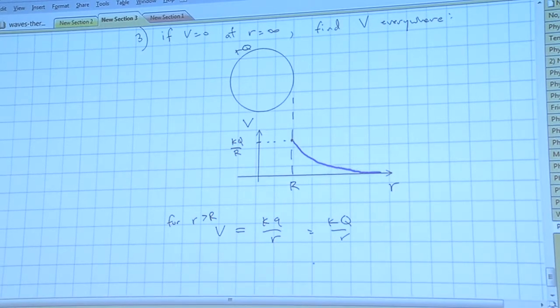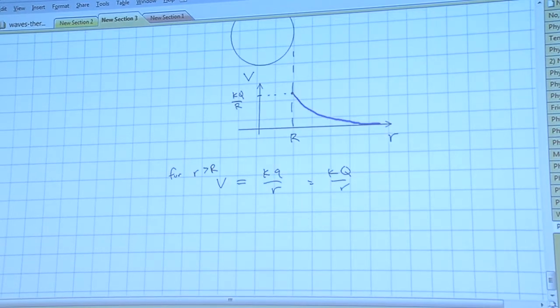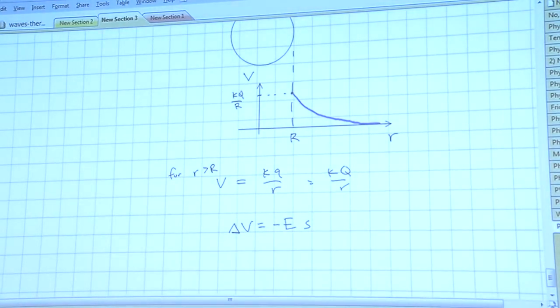And what is it inside? We said it's constant, not 0. V is not 0. V is constant. Delta V has to be 0, because remember, delta V is the electric field times the distance, with a minus sign somewhere in there. I guess I should have a delta S. So if E is 0, then delta V has to be 0.